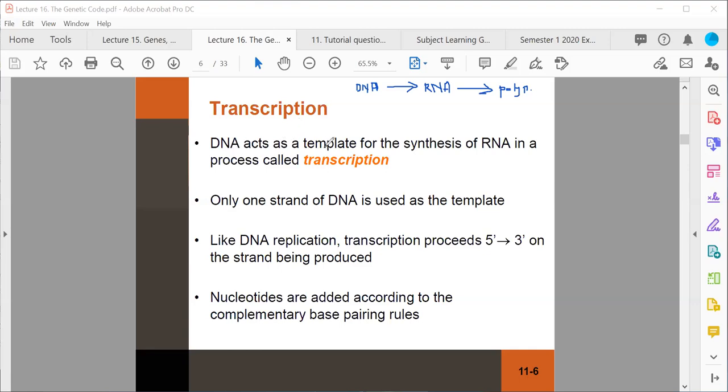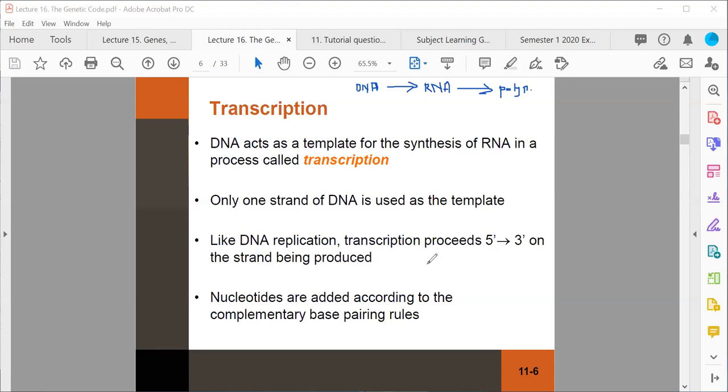So DNA will act as a template, or rather one strand of the double-stranded DNA will act as a template for the synthesis of RNA in a process called transcription. Only one strand of DNA is used as the template, and then just like we saw in DNA replication, transcription will proceed from 5' to 3' on the complementary strand that is being produced.